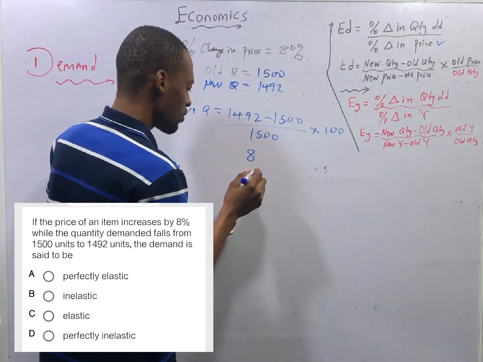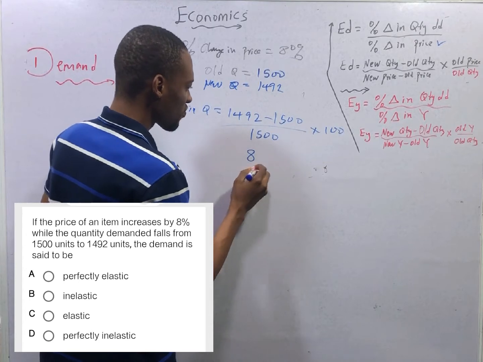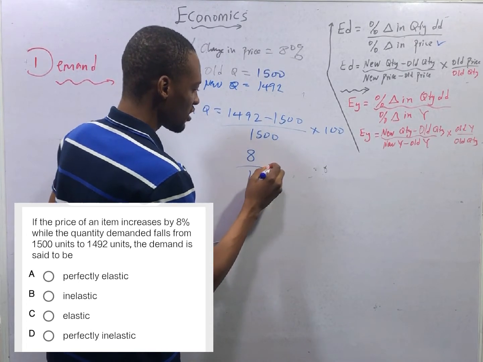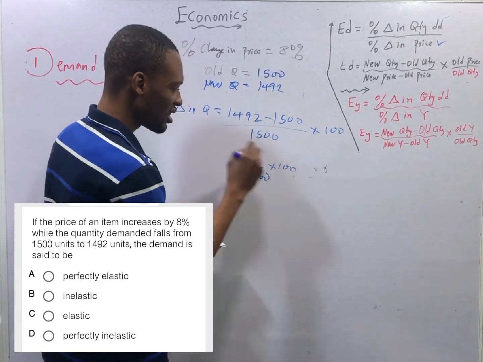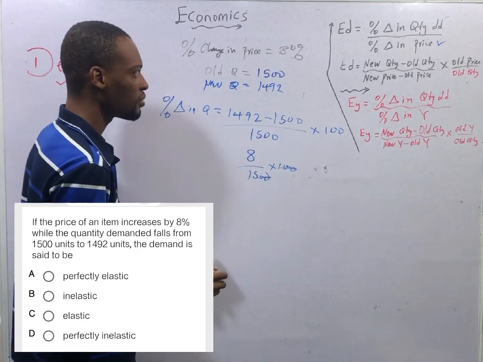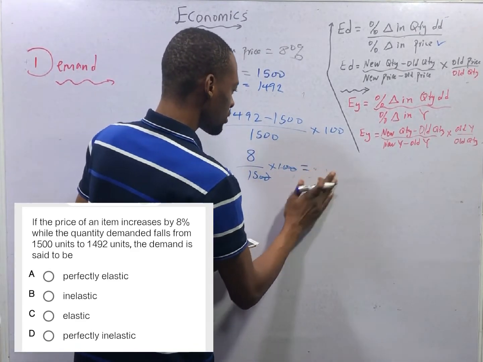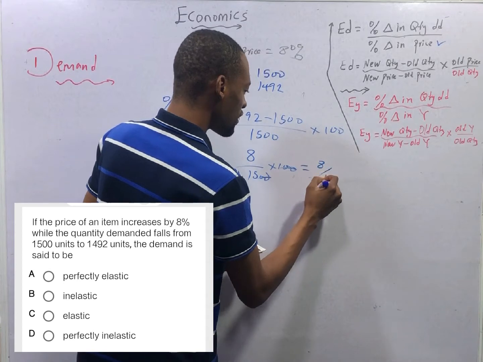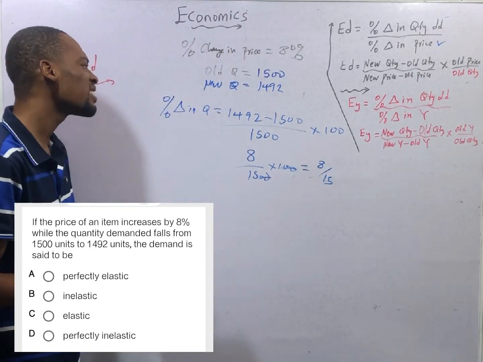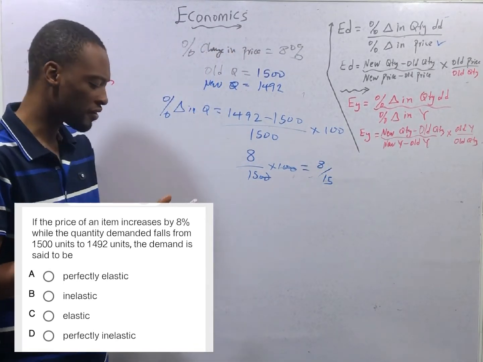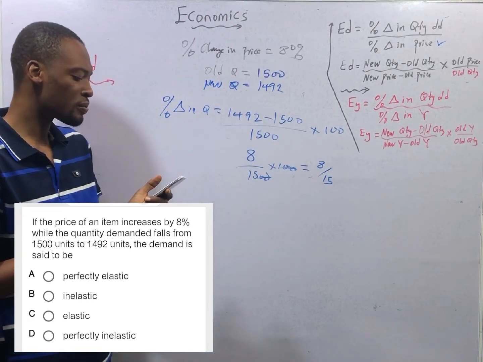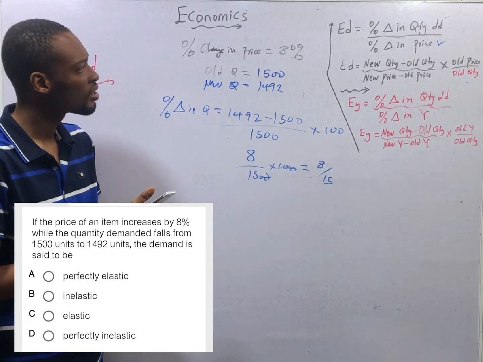So this is 8 over 15 times 100. 2 zeros here cancels 2 zeros here. This is therefore equals 8 over 15. Percentage change in quantity is 8 over 15, and percentage change in price is 8%.